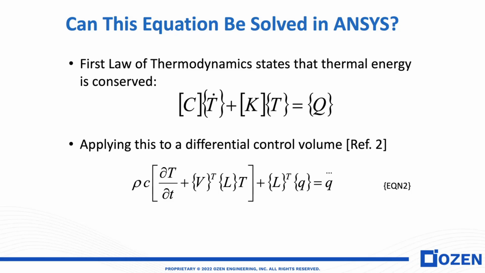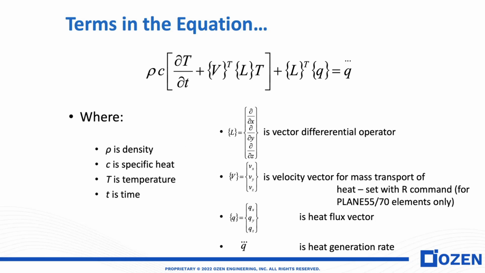So in Ansys, the first law of thermodynamics states that thermal energy is conserved, and in finite element formulation, this is of a transient form, where temperature fields are calculated. If we apply that to a differential control volume, then the equation is opened up, and it looks like this, the bottom equation.